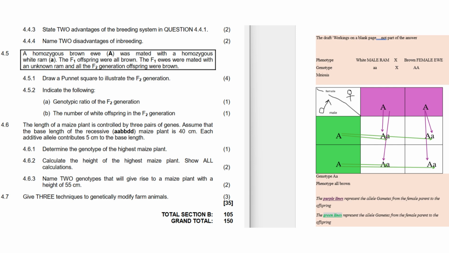So we cross the gametes of the female, which is dominant A, with the gametes of the male, which is the recessive allele.